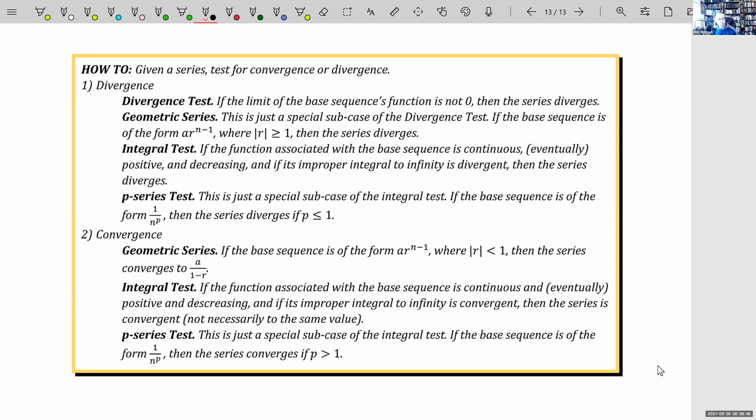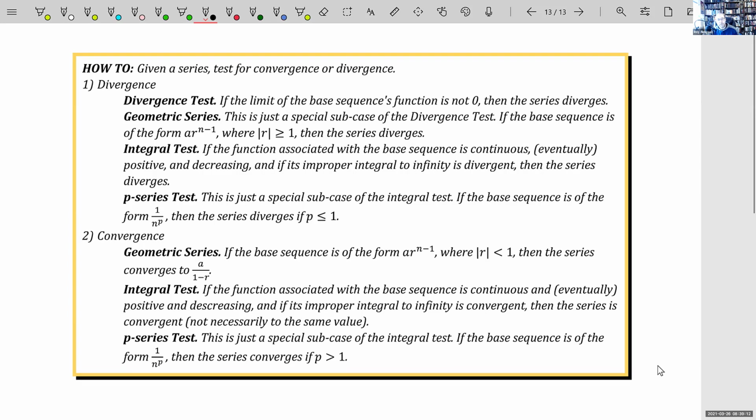So if you look on My Open Math and look at my lecture notes, you'll see the end of the section tells us, hey, what are our methods so far for testing for divergence? And what are our methods so far for testing for convergence? And every time that we go through a new section, I'm going to build on to that. So even right now, this should be okay for you because we've actually already introduced all this information. So right now, these are the tools at your disposal.